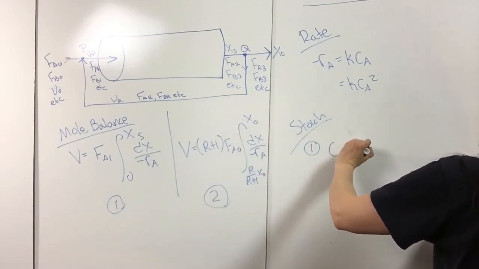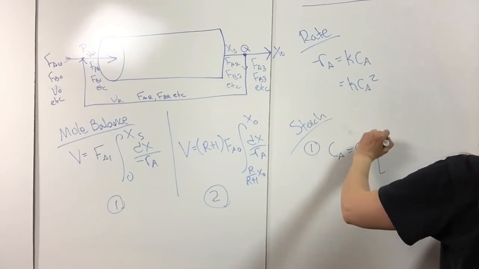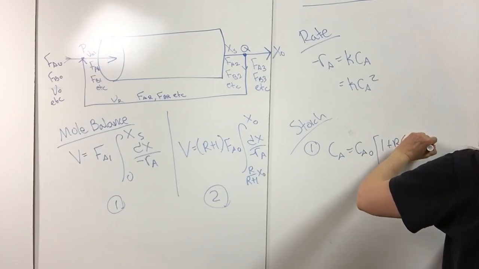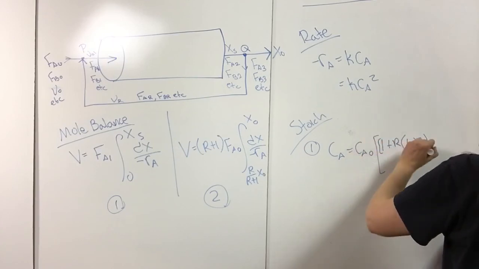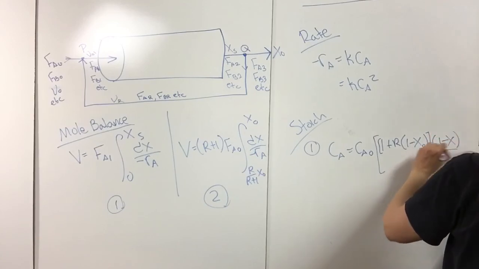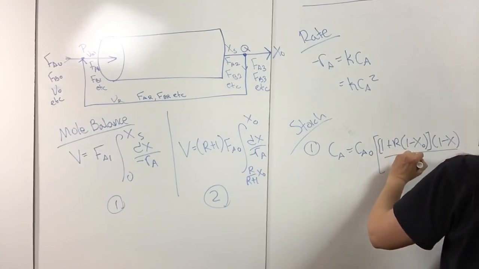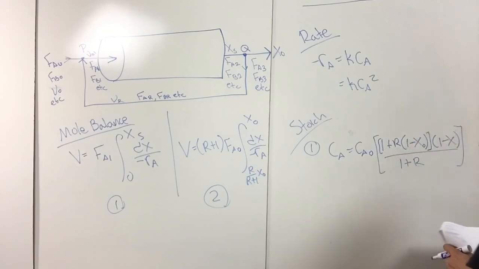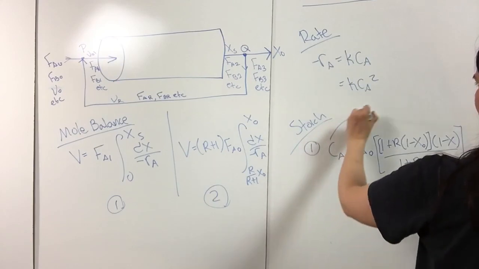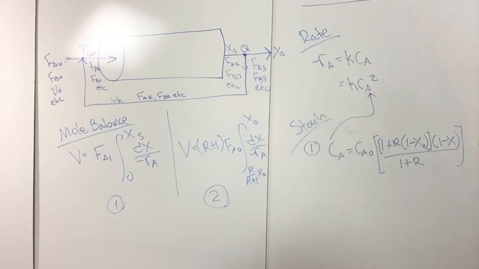So CA was equal to CA naught times 1 plus R times 1 minus X naught, over 1 plus R. And so then if you're using number 1, then you would just plug this into whichever rate law you're using and then plug it into your equation and integrate.